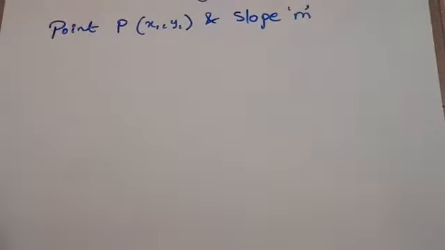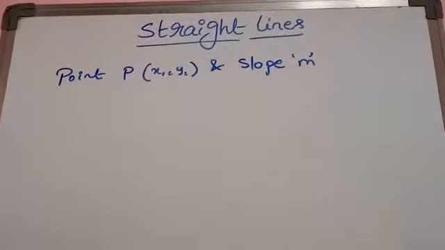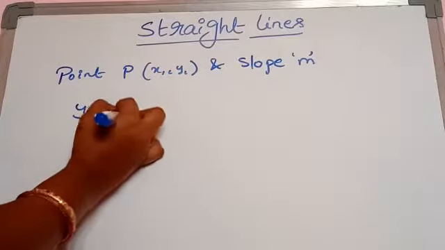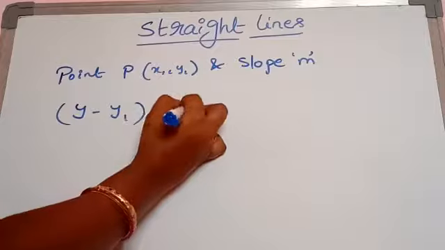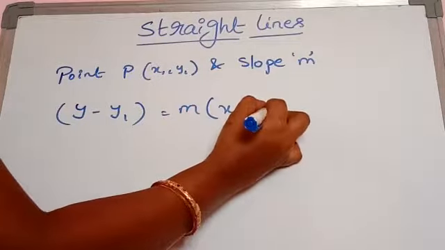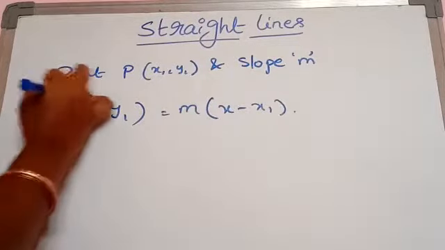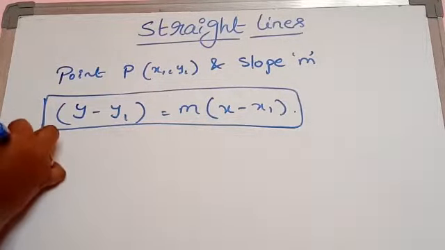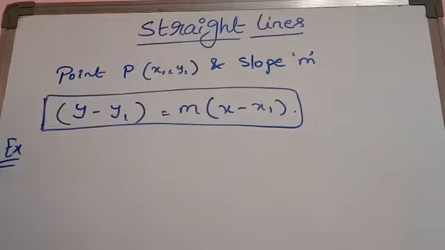Then the formula for the straight line equation is y minus y1 is equal to m into x minus x1. This is the formula for point slope form. Let us see an example of this formula.